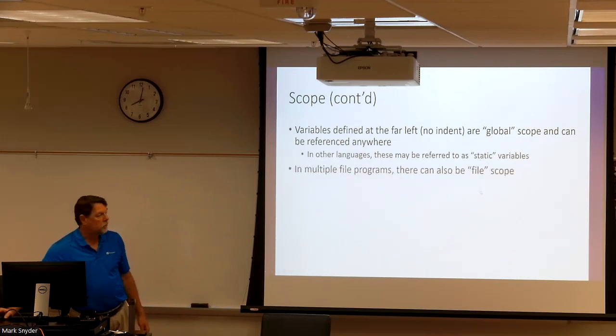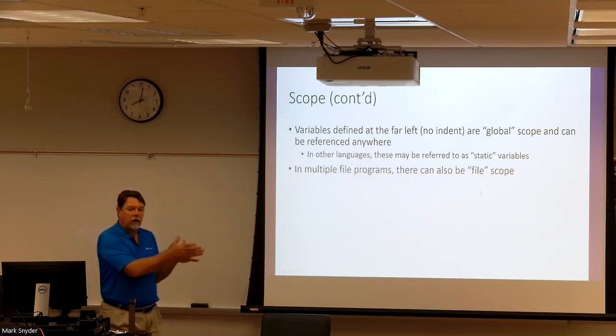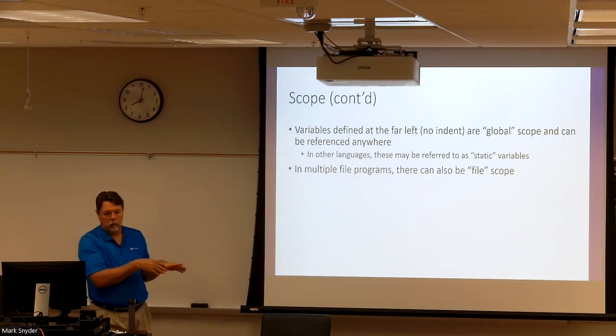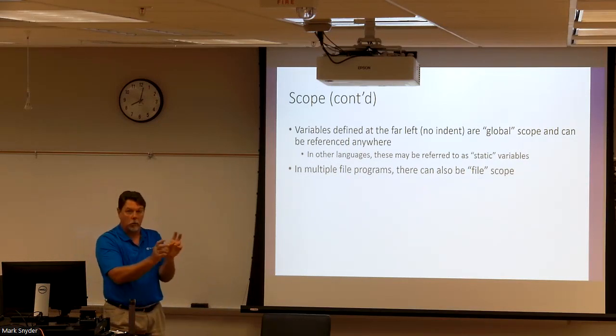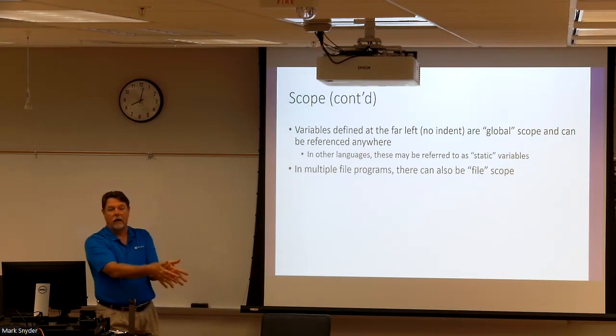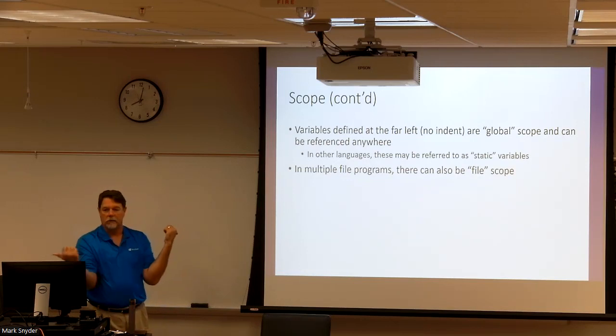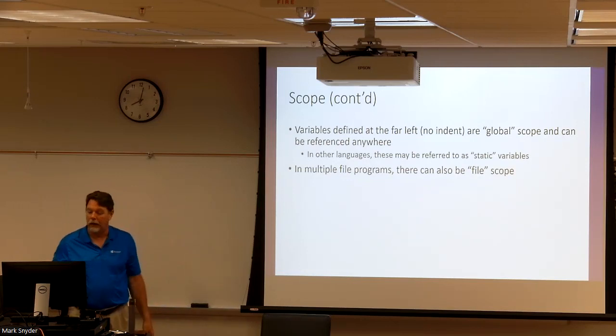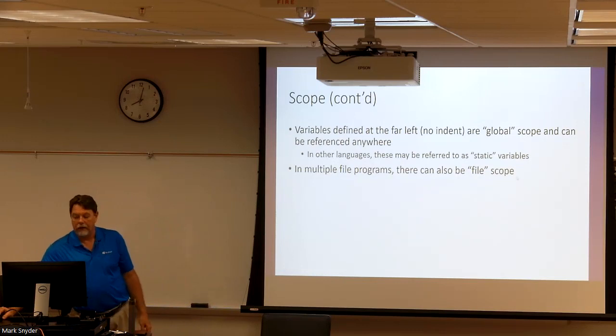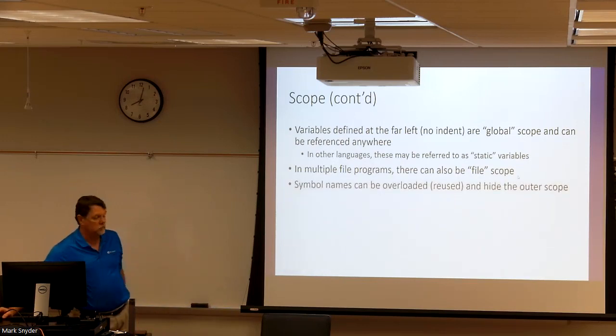If you have C++, where you can have a bunch of files that all get compiled into one executable, then you can have what's called file scope, where if you define a global static variable inside a file, you can't see it in the other files. There are ways to get to it, but by default, it has file scope, but we don't have that here to worry about.